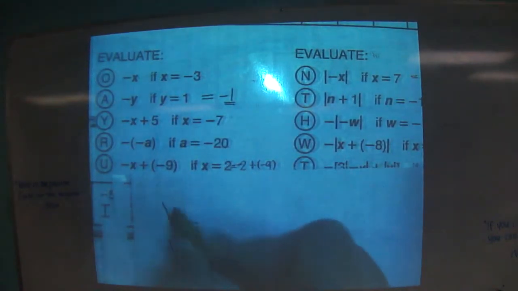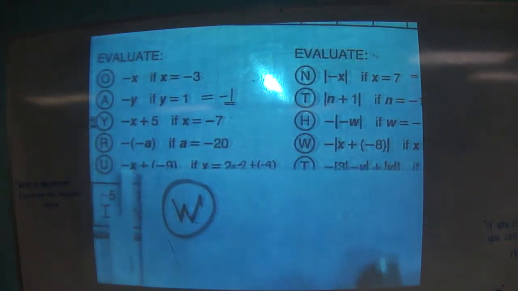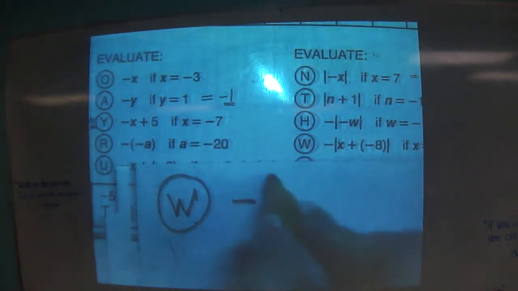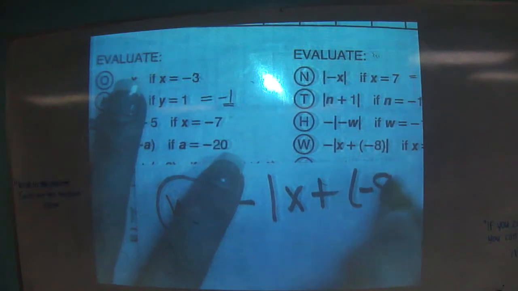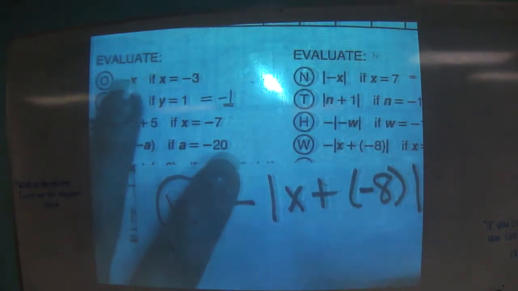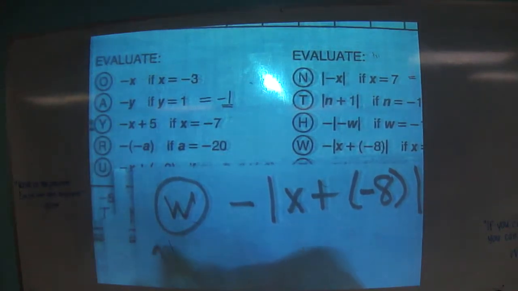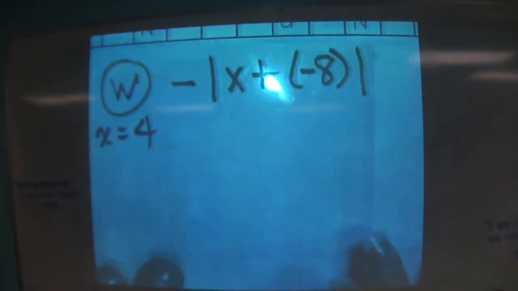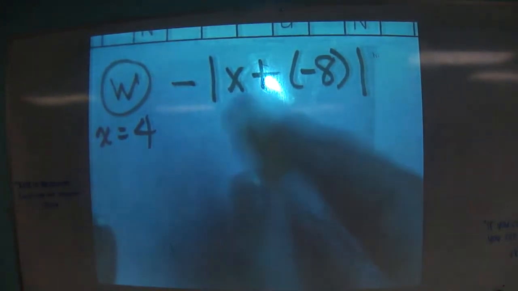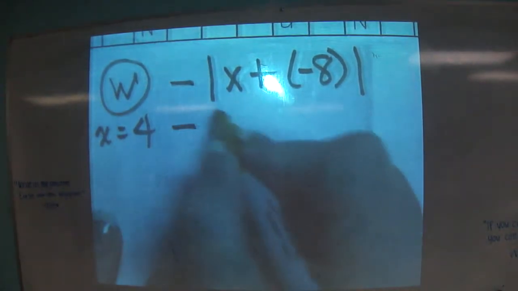One like, oh, W. Is that a good one? W, the opposite, absolute value, x plus negative 8, and x equals 4. Okay, so the first thing you want to do is what? Substitute.